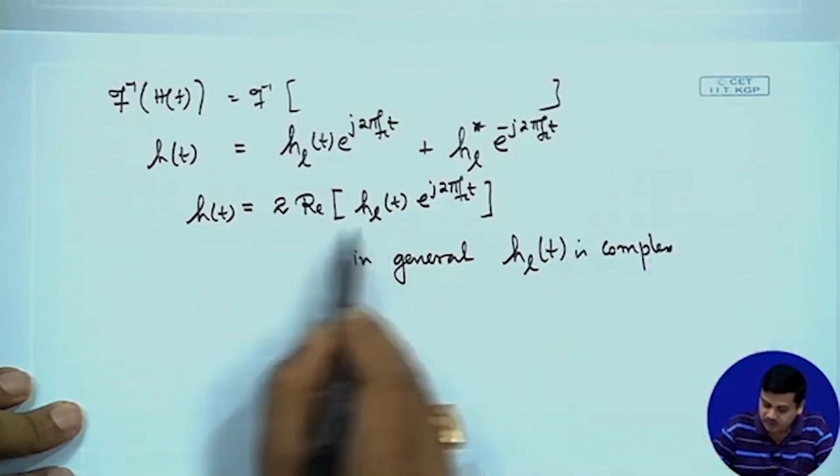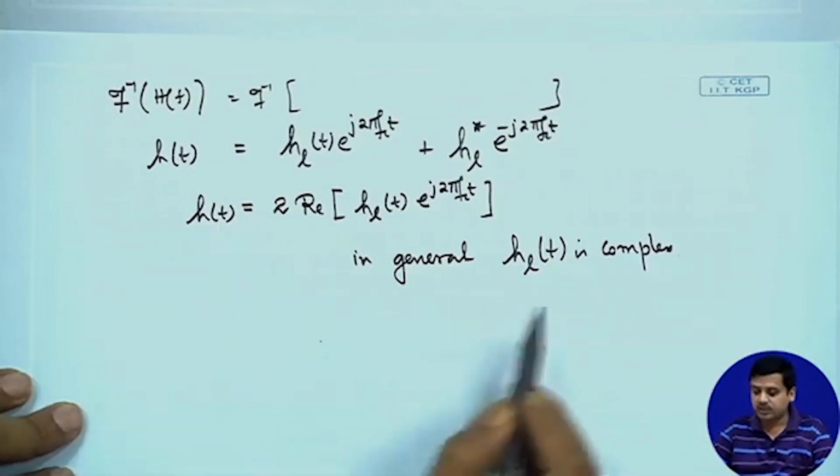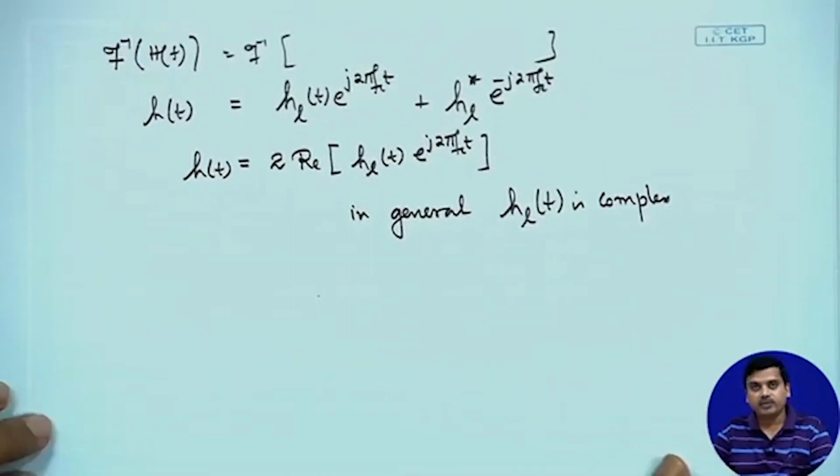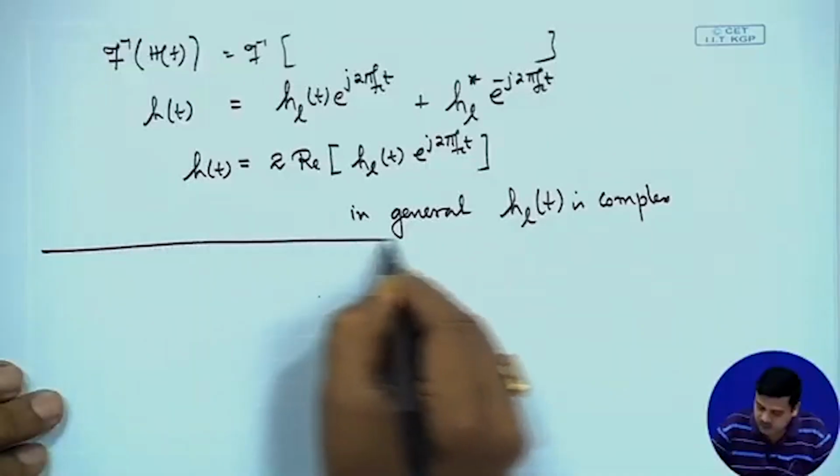We have not said about h_L of t, we have said h(t) is real, we have not said h_L of t would be real. So, in general it is complex, and when you handle complex signals you will get to see how we get h_L as complex. So, that we are going to proceed very soon.